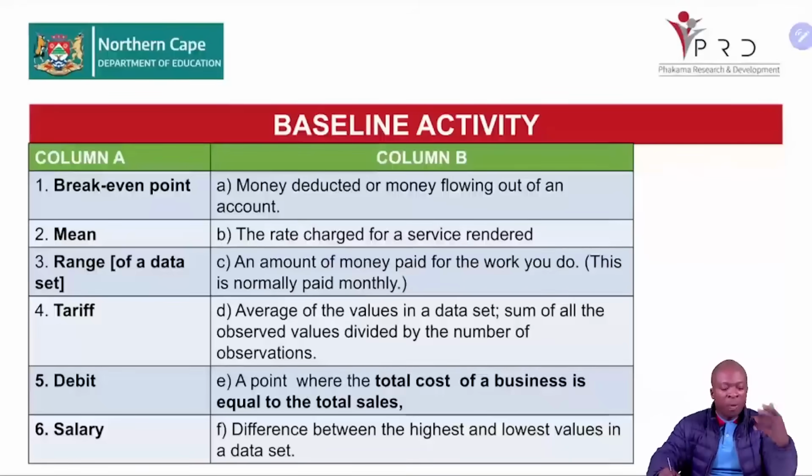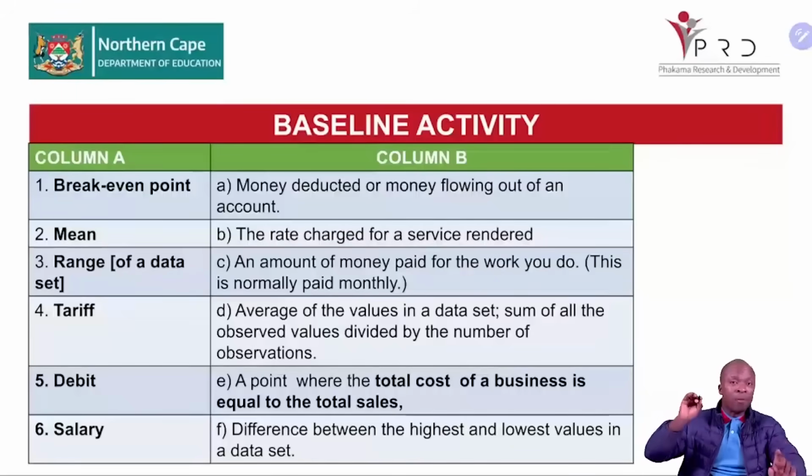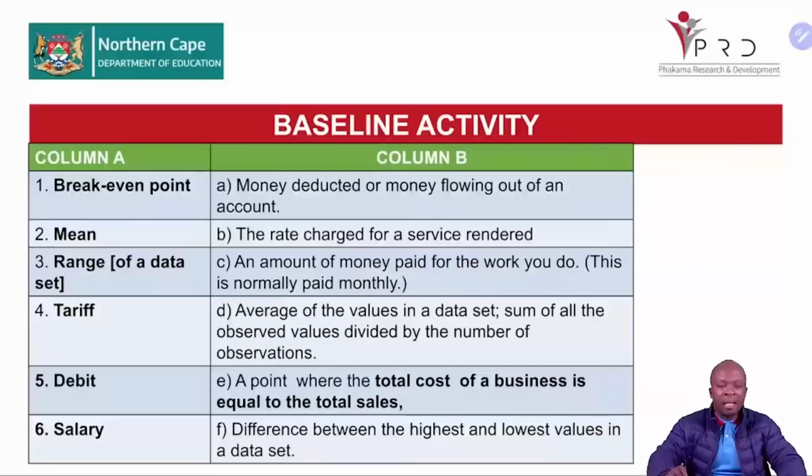All right. So I've given you some words with their explanations. I want you to help me put them together quickly. We have column A. It has the words or terminologies in Maths Lit, some, not all, and then their explanations, but the explanations have been juggled around.